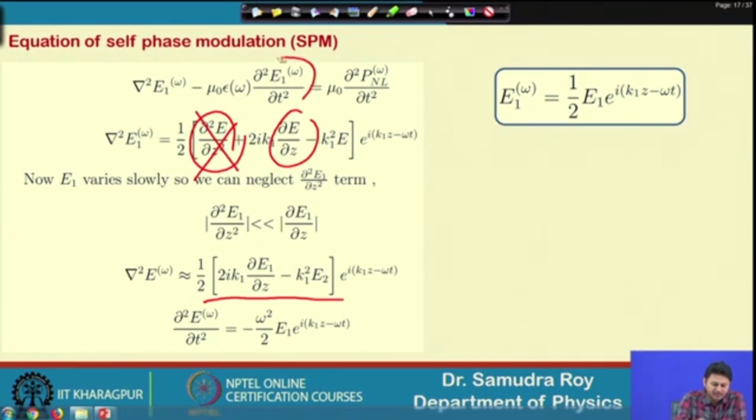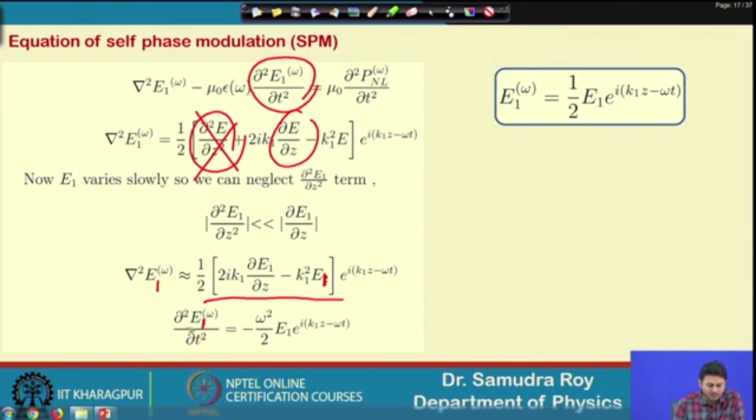Also, we have the derivative of E1. Here in the equation I just missed E1. Here it is written E2, it should be E1. It is a typing mistake.